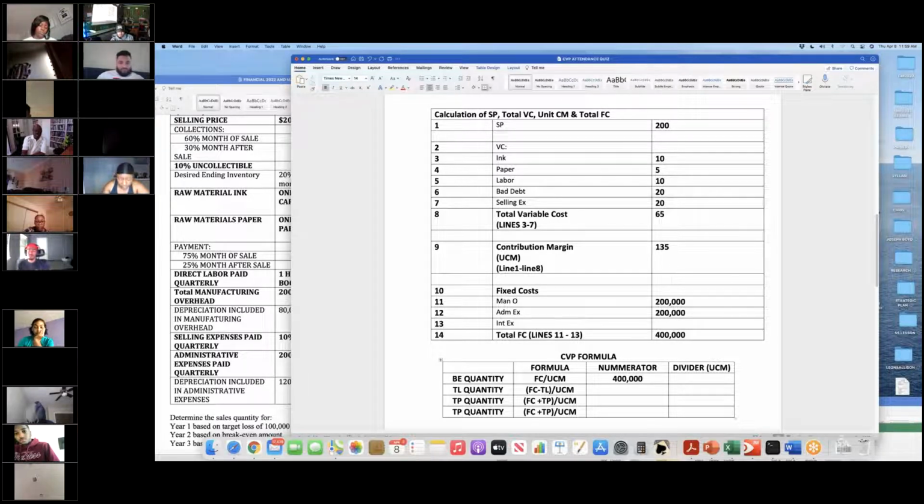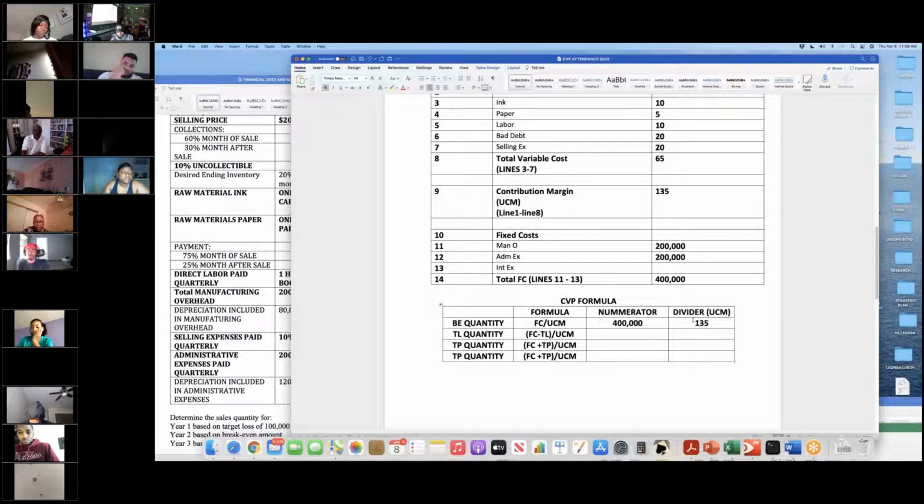In each case, the unit contribution margin, 135. So every time we divide by 135.